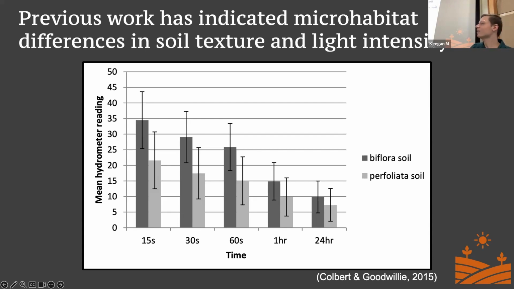And in the same study, they also reported that Triodanis biflora was found in more sunny areas with only 15% canopy cover on average, while Perfoliata was found in areas with more shade with up to 53% average canopy cover.